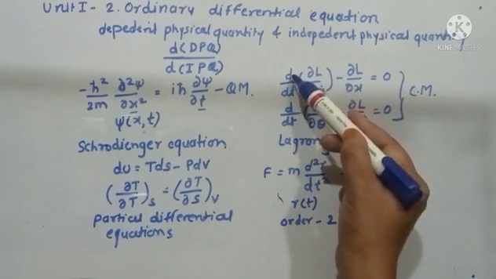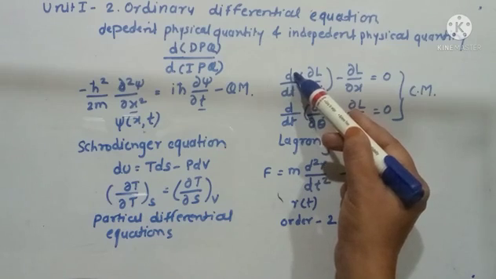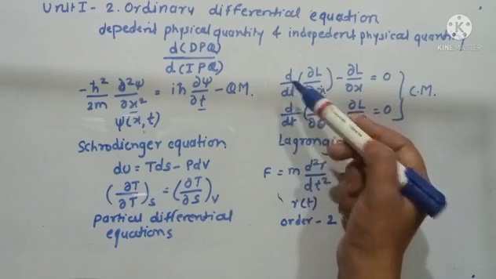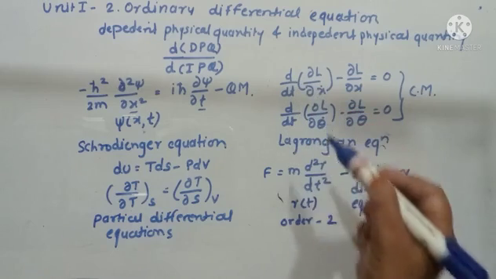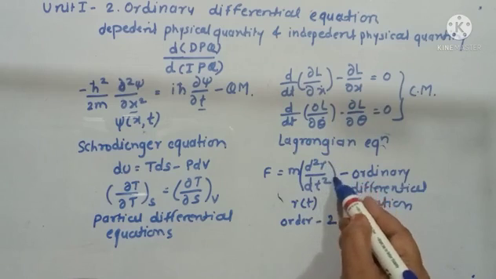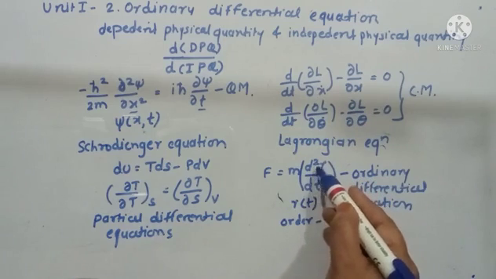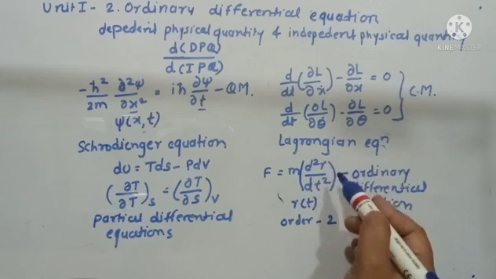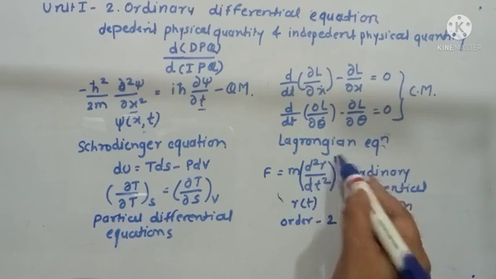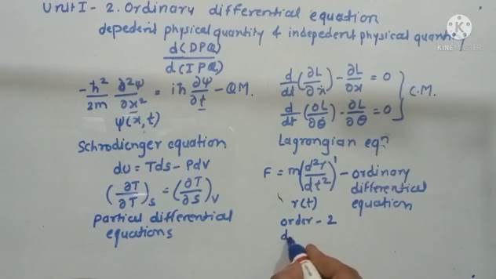But here there is only one d by dt, therefore its order will be 1. And what is the degree? This was the order of the derivative, and the degree of the derivative is the degree of the differential equation. So this is raised to 1, so the degree will be 1.